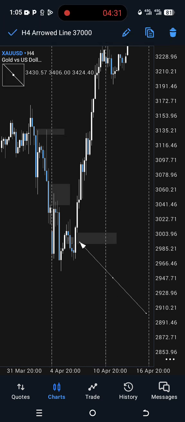Now, this is a fair value gap. This is a fair value gap. So, the first range and the second range. These two short term ranges have fair value gaps, which confirms that this is an intermediate term low.